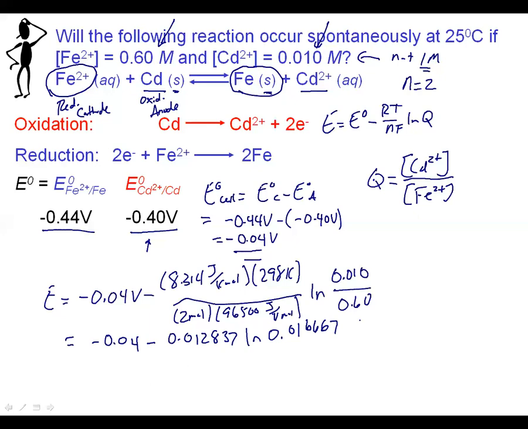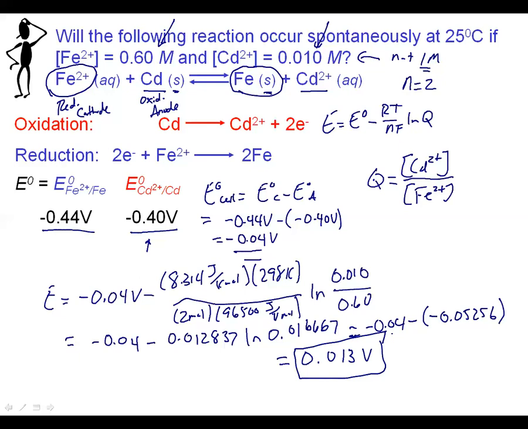We're going to multiply it by 0.012837. That is going to get us minus 0.04 minus minus 0.05256. And lastly, that should get us 0.01, I'll round to 3 volts. Any questions on any part of that calculation?